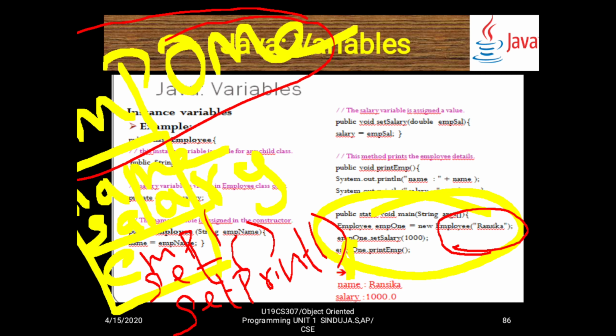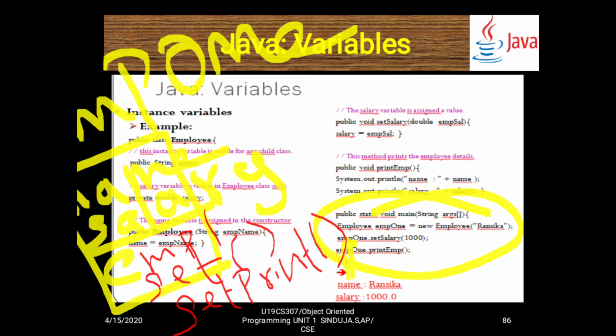So Employee is my function, so it calls this Employee function, and it takes the argument empName with the value Ranshika. Now empName will be assigned with Ranshika. Just keep it in memory.